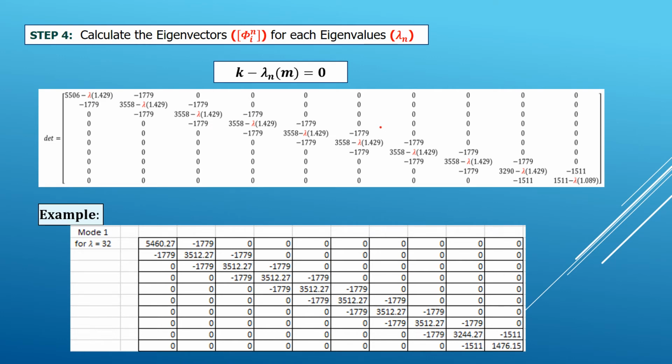So, lahat ng lambda na makikita natin, isubstitute natin ng 32 para makuha natin itong result na ito using Excel. So, same process lang siya sa pagkuha din para sa mode 2 hanggang mode 10.